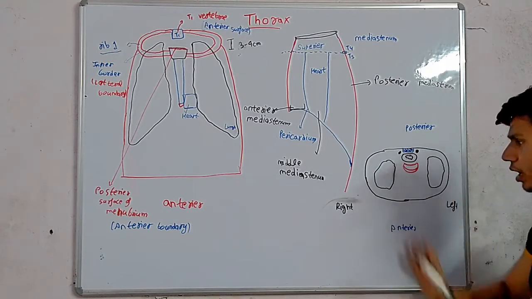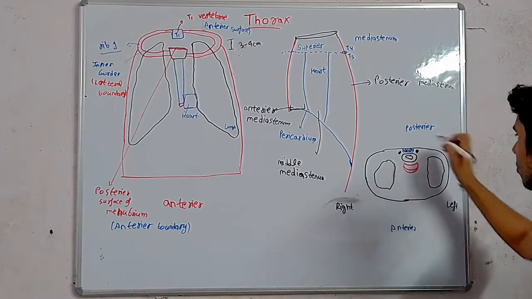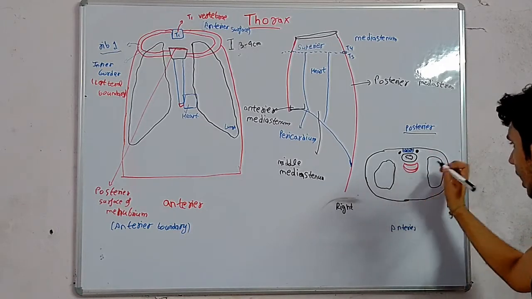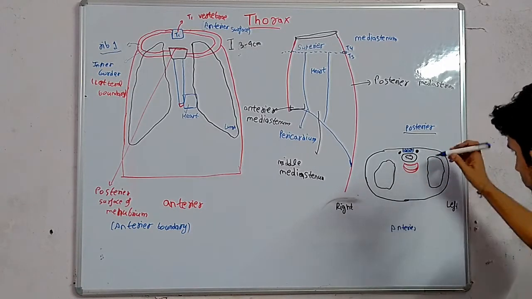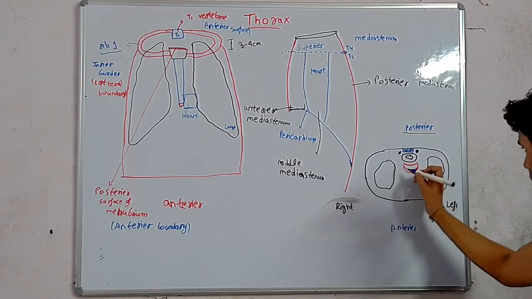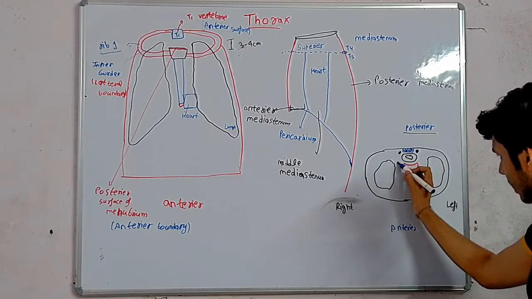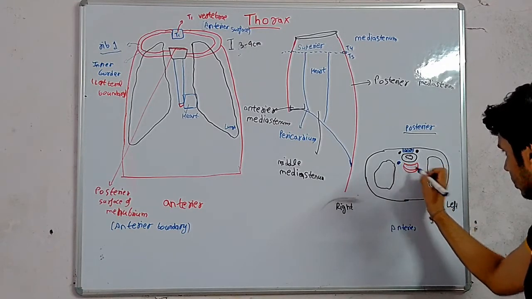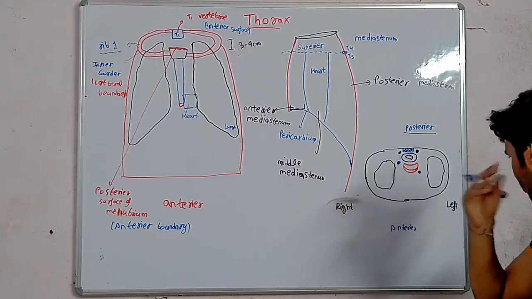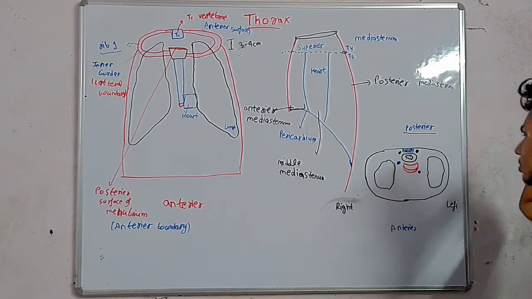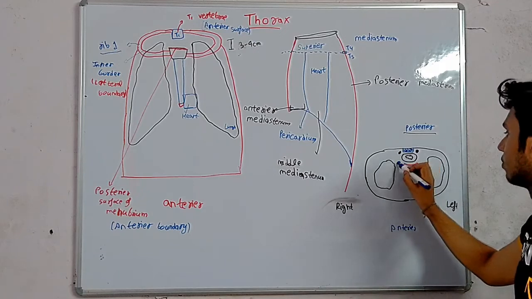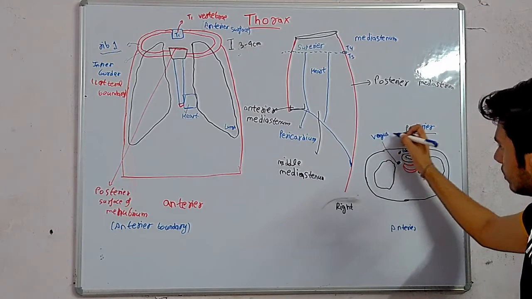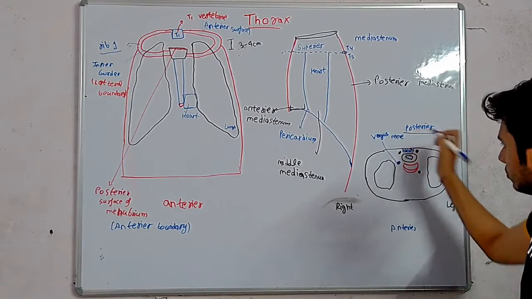So in right side and left side, a structure passes: the vagus nerves. This is vagus nerve.